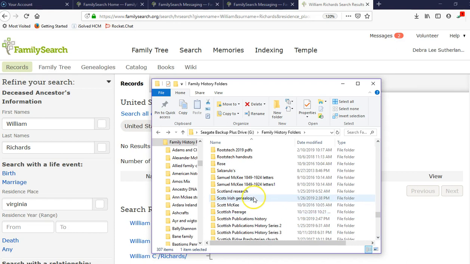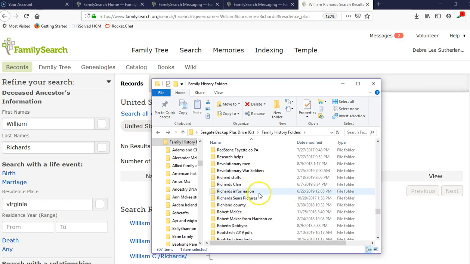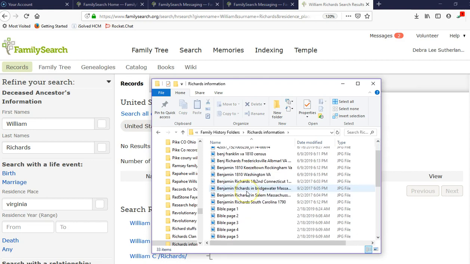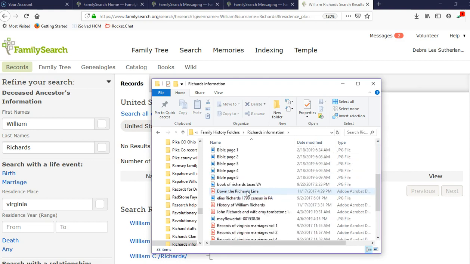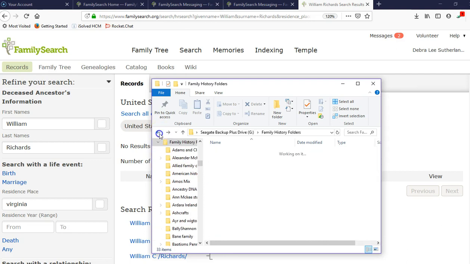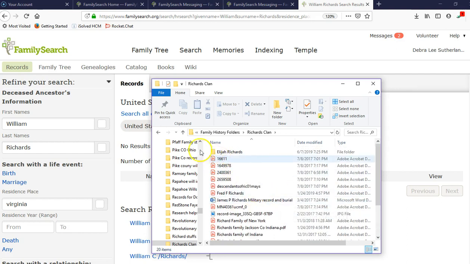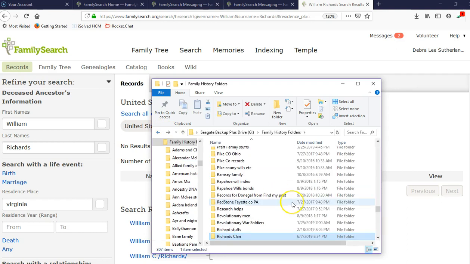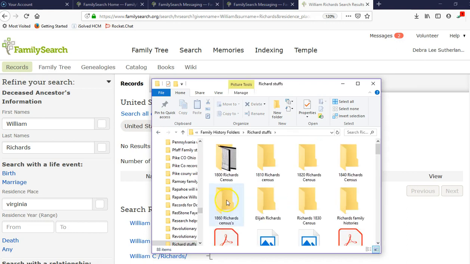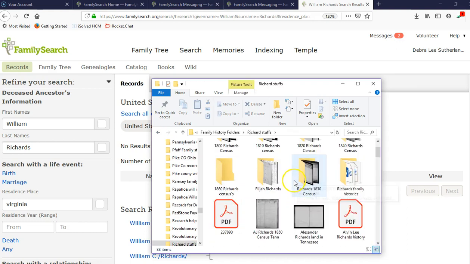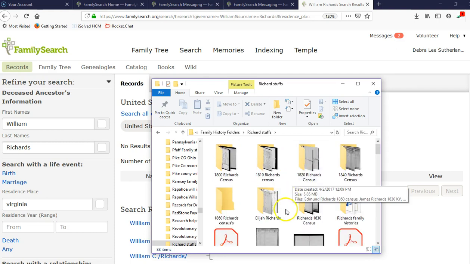But I've gone in on several different groups of people, like my McKee line. I went into Pennsylvania because I knew they were in Pennsylvania, and I mapped them along with some other allied families that I knew were around at the time, and then it gave me an idea of who was around them at which times.